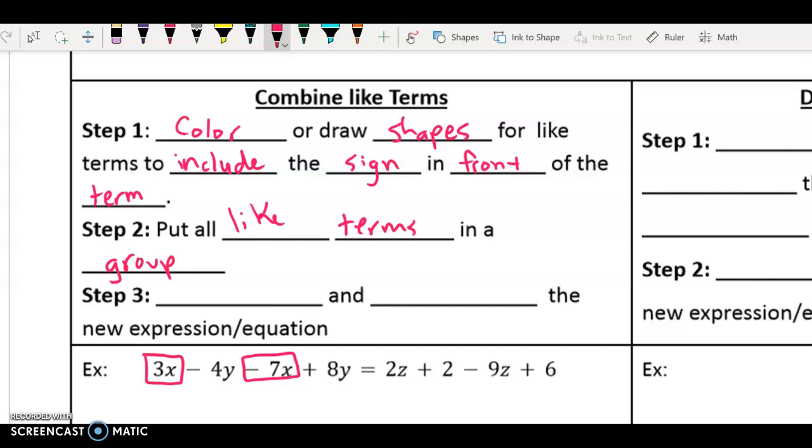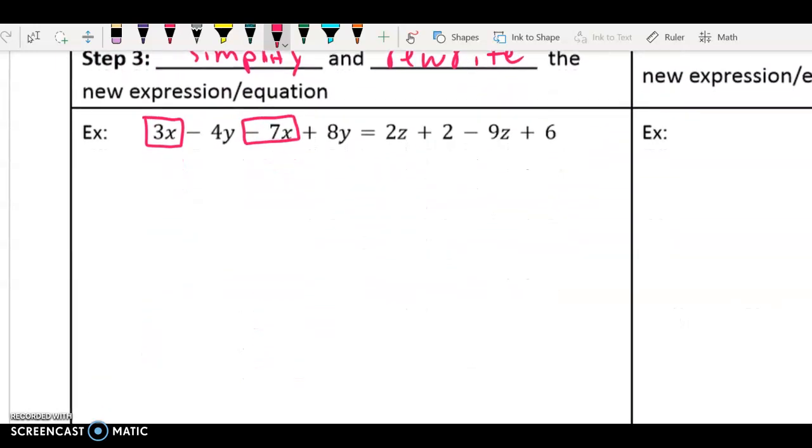And the last step is to simplify and rewrite the new expression or equation, because you can combine like terms in either expressions or equations. And think about for a second what this one is. It has an equal sign.